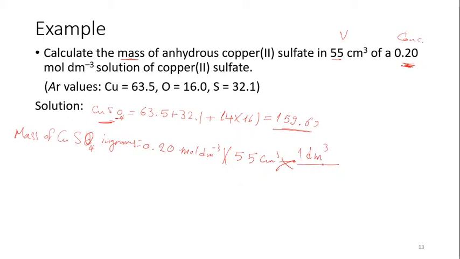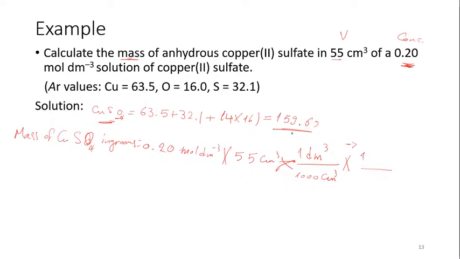I know that each 1 cubic decimeter is equivalent to 1000 cubic centimeter, multiplied by, now from that step I would obtain the number of moles, and from the number of moles in that step I have to convert it into grams.